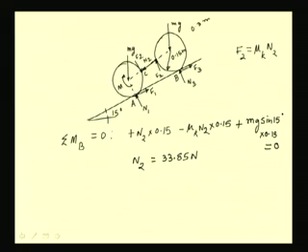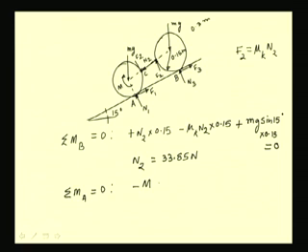Now, let us consider the other free body diagram and write the moment summation about point A. So, we have sigma M A equal to 0. So, we have this moment which is clockwise.